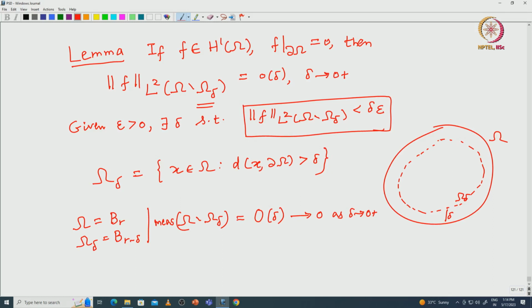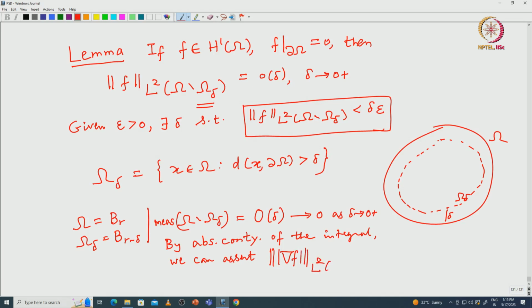However, for gradient norms, by absolute continuity of the integral, you just refer to your measure and integration course, we can assert that the L2 norm of the gradient over Ω minus Ω_δ is less than epsilon if delta is small.